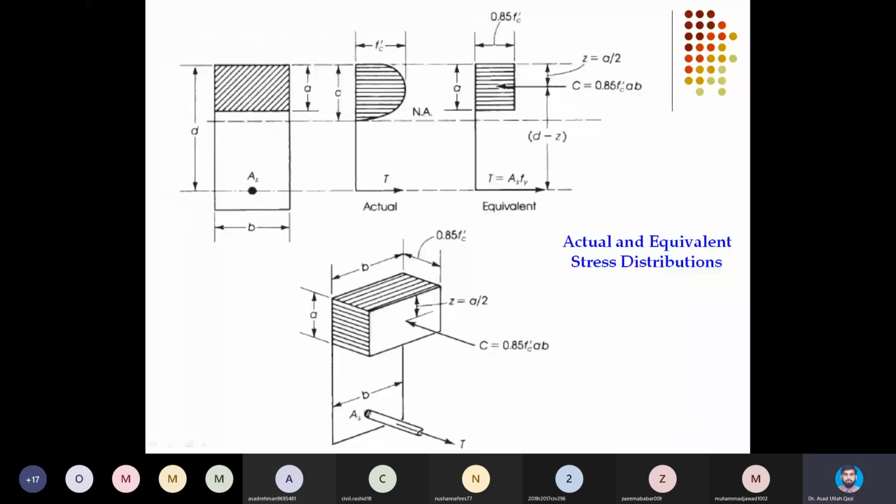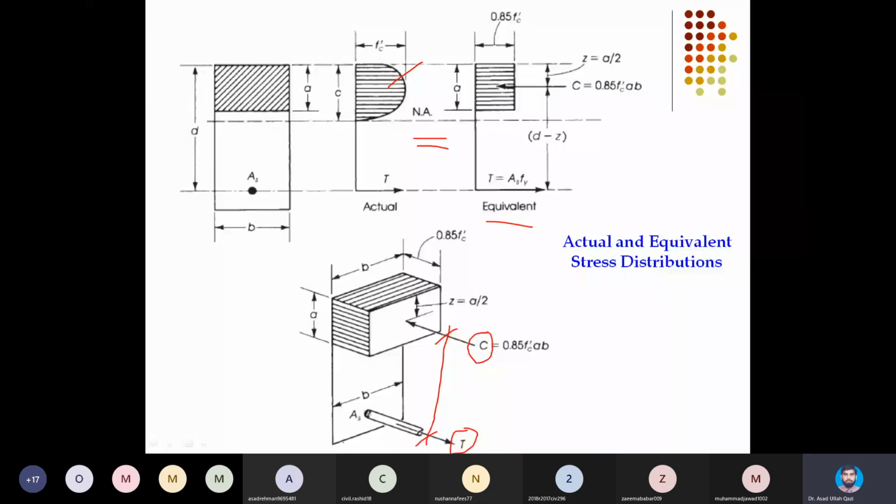And one other picture which again highlights the same story: if I can make them equal, actual versus equivalent, on this isometric view, then I will get the point of application along with the force magnitude of C and T, and knowing their internal lever arm, I can get the internal capacity.